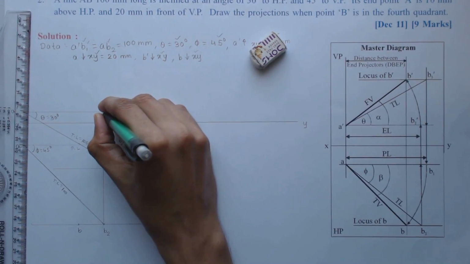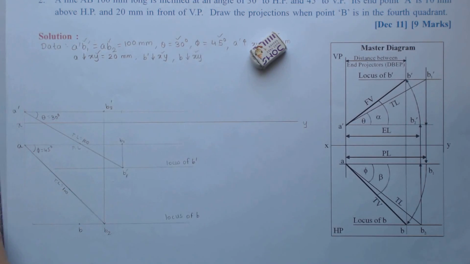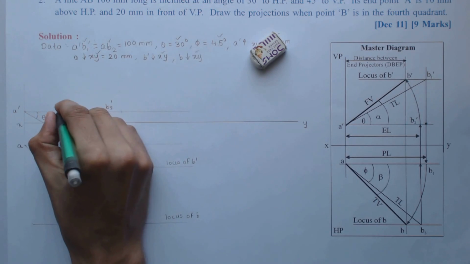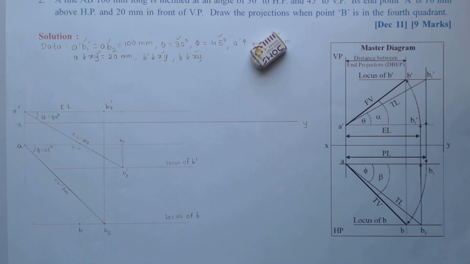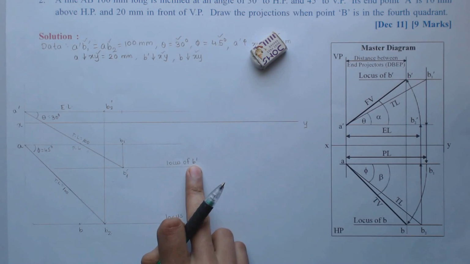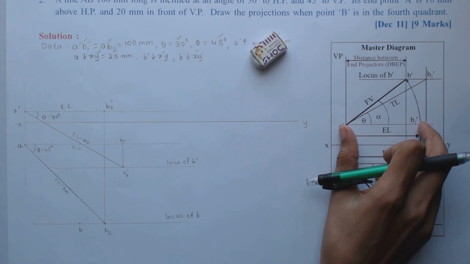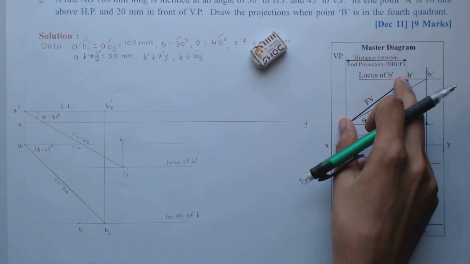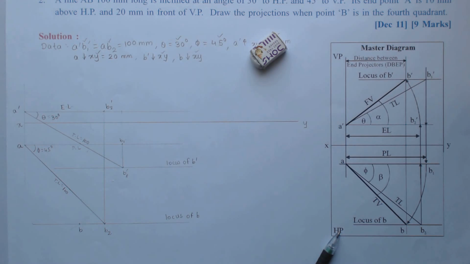So this point is obviously the corresponding front view of B2, which is B2 dash, and as I know, A dash B2 dash is called the elevation length, which will be equal to the front view. Now, as we have already located the locus of B dash, and now we have the elevation length A dash B2 dash, I can produce this arc up to the locus of B dash to get point B dash.